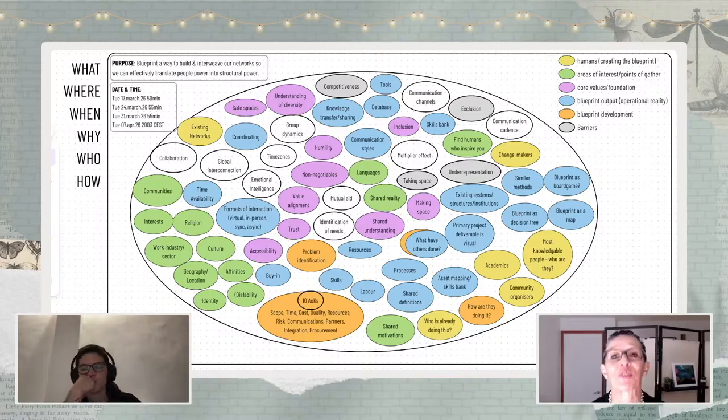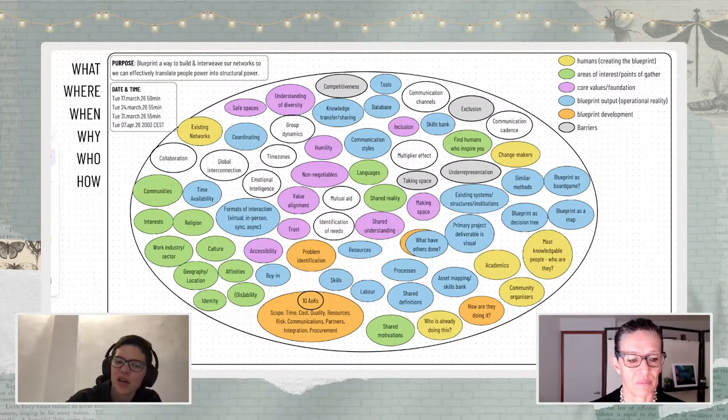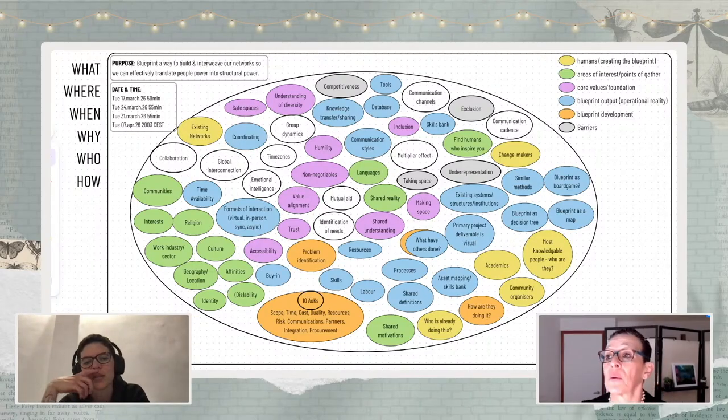They are areas, that's why we probably have them at the end, because it could fit in several places, right? Yeah. I'm perhaps thinking that, just going in a different direction, multiplier effect perhaps can be orange in terms of we can use it when we're developing the blueprints. That can be central to how we develop it.